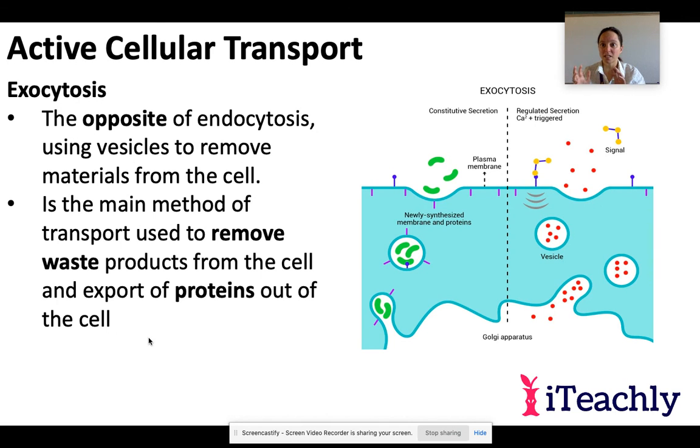So it's waste. What will happen is that vesicle will actually fuse itself to the cell membrane. And as it's fusing itself to the membrane, it's going to push out the waste from the cell. So exocytosis is the exact opposite. And it can be receptor aided as well.